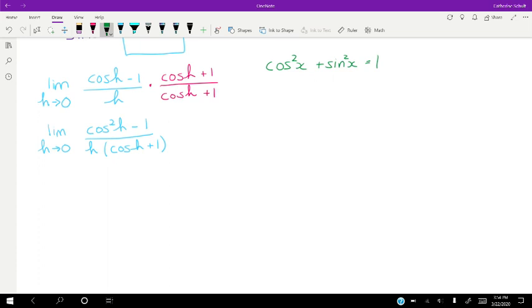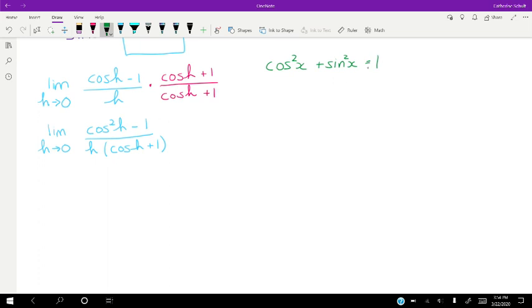So that's the Pythagorean theorem. We can do lots of things with this. We can divide each term by sine squared to get cotangent squared plus 1 is equal to cosecant squared. If we divide everything by cosine squared, then it's 1 plus tangent squared is equal to secant squared, stuff like that. But what we're going to do with this is rearrange it to look like that.